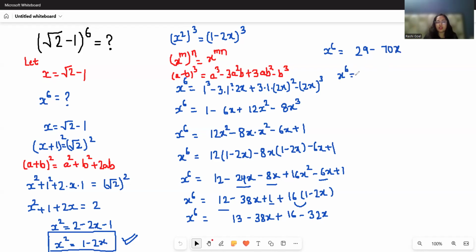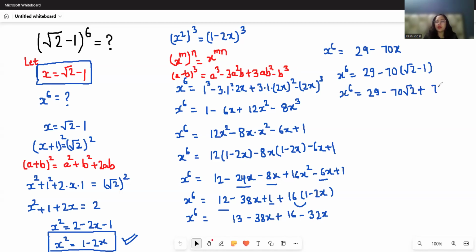x power 6 equals, so do you remember we took a substitution, x equals root 2 minus 1. So in place of x, I'm going to put root 2 minus 1. So x power 6 equals 29 minus 70 root 2, minus times minus is plus. This becomes 70.